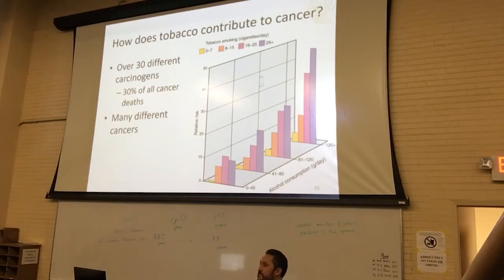Probably fewer smokers in this classroom than in outside the United States classrooms. But you can kind of see if you've got, as alcohol consumption goes up along with cigarette consumption, the relative risk exponentially grows. So the problem that we have with cancer is if you're in an environment where you've got multiple carcinogenic agents hitting the body all at the same time, you're asking your tumor suppressor genes to really do a lot.